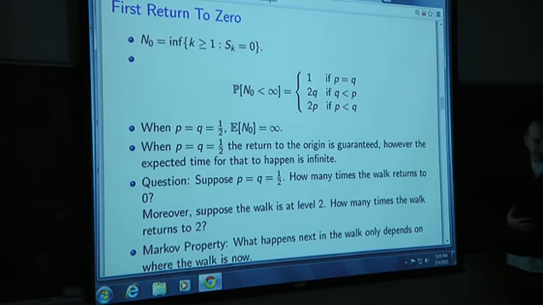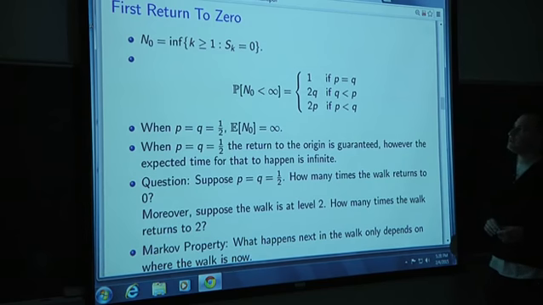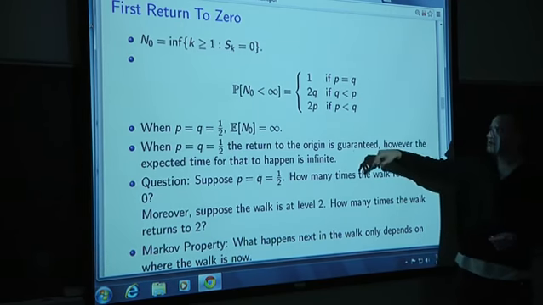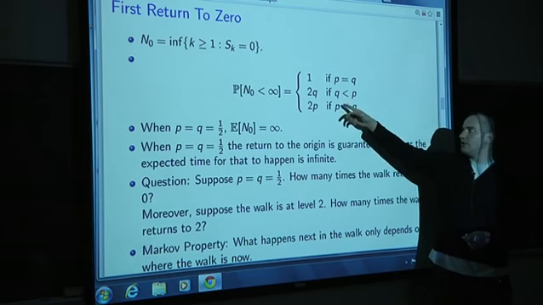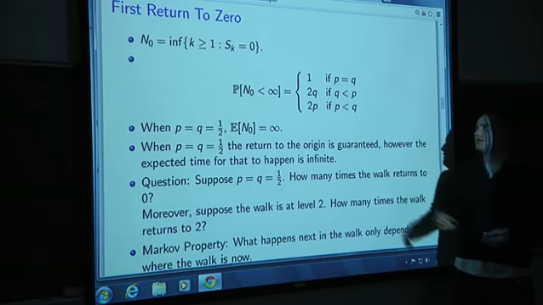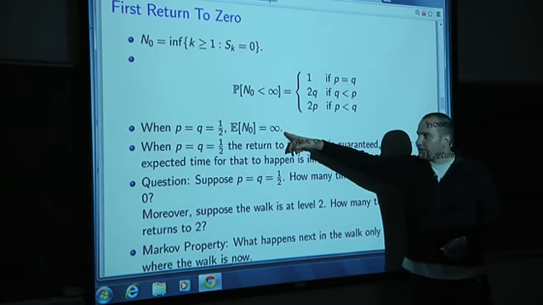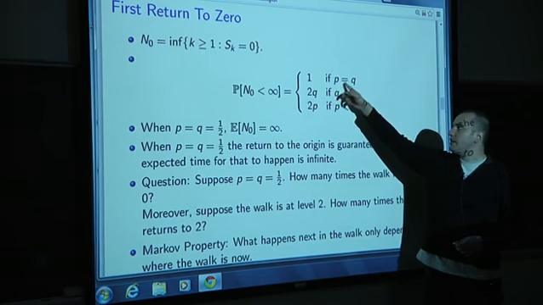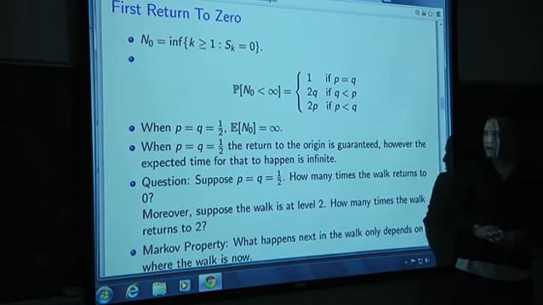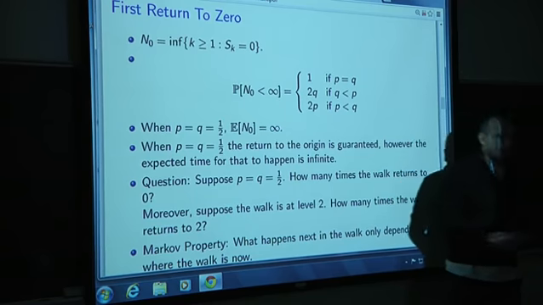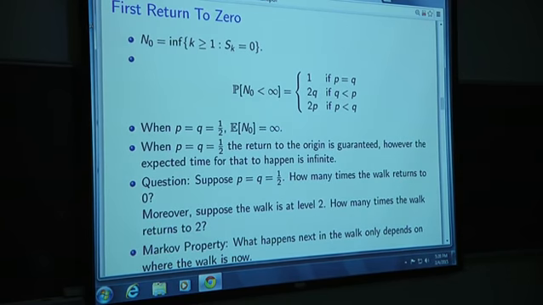And after doing some computations with the probability generating function and some nice tricks that I am omitting here, one can show that the probability is 1 if P equals Q, is 2Q if Q is less than P, and 2P if P is less than Q. And again, when P equals Q and we have a balanced random walk, the expectation is infinity.